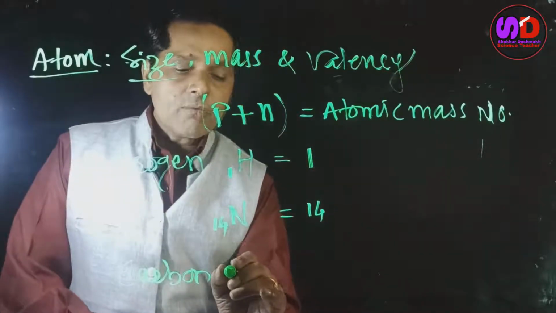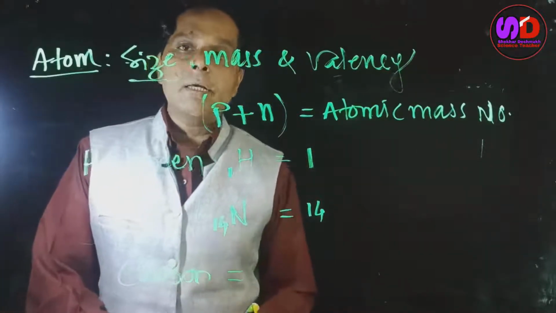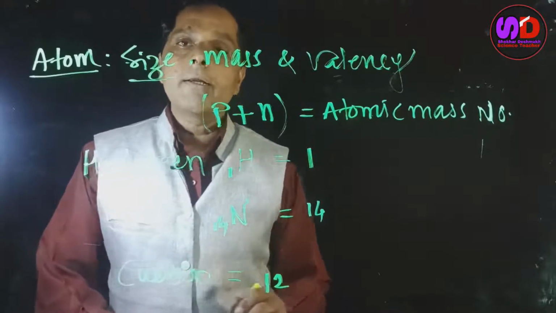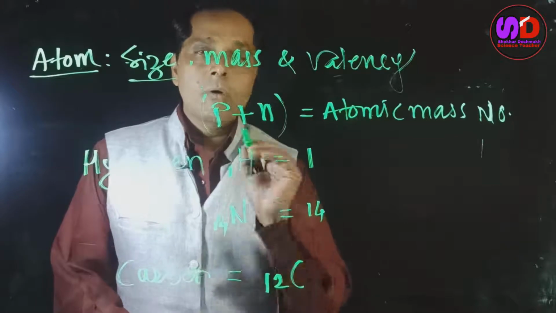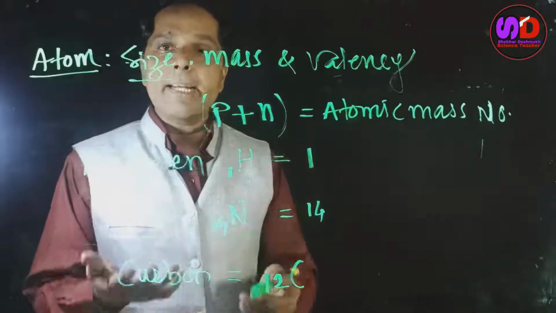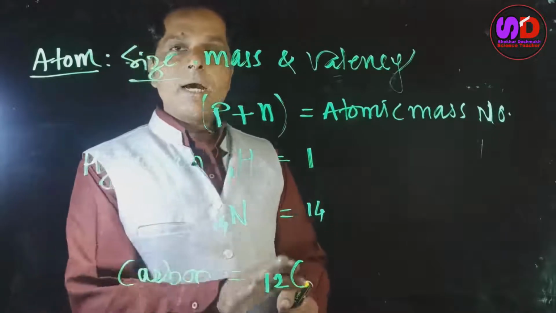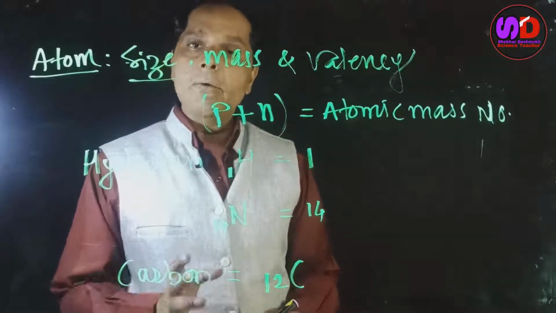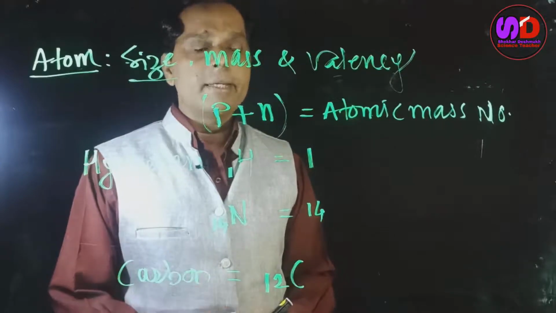So the mass of carbon is taken to be 12. And by comparing the mass of other atoms with carbon, the atomic mass of many of the atoms is calculated.